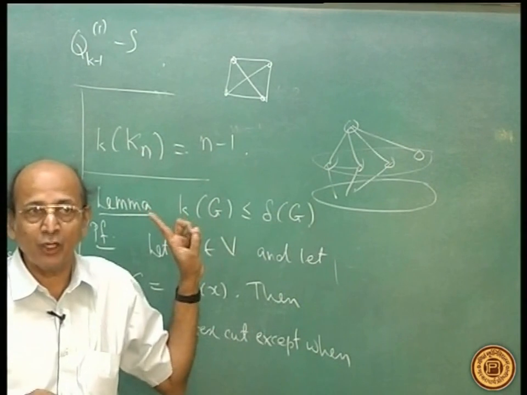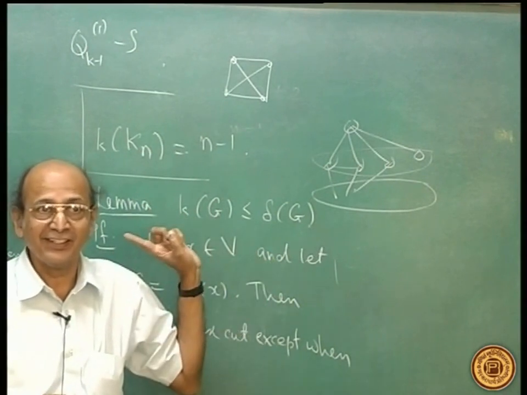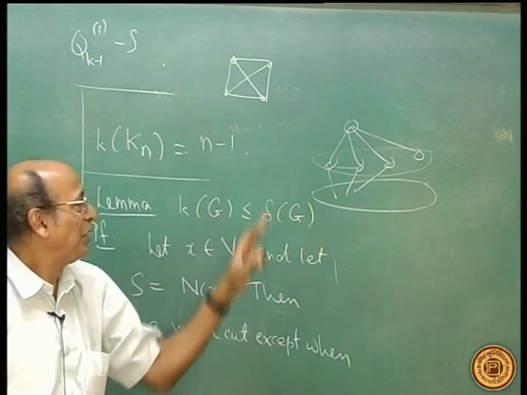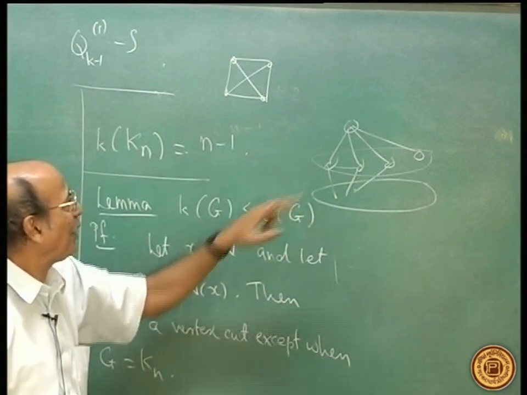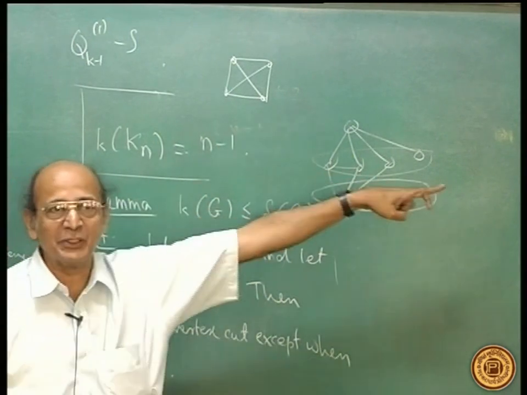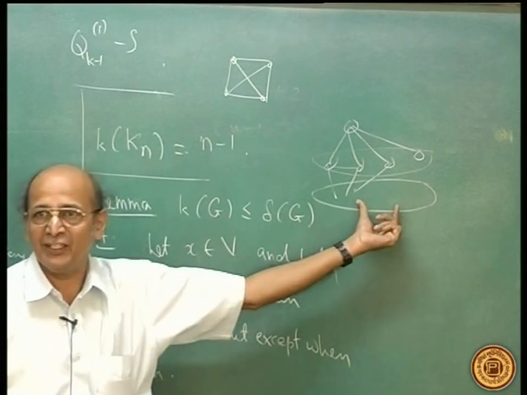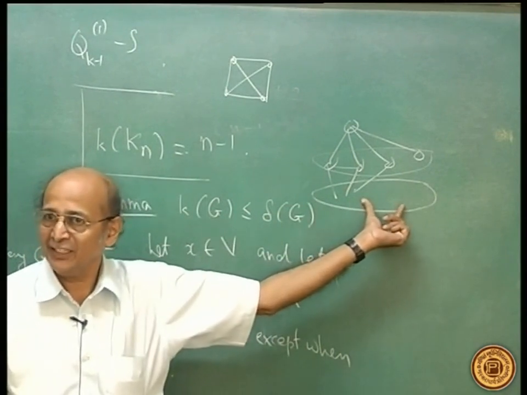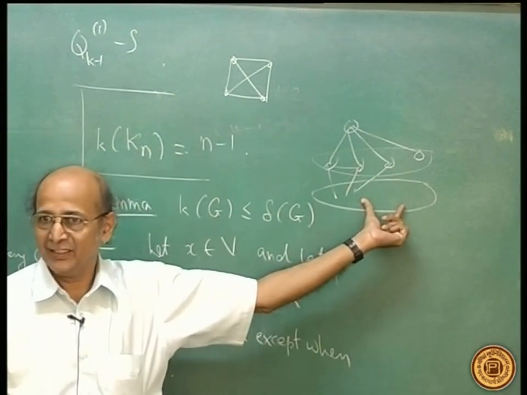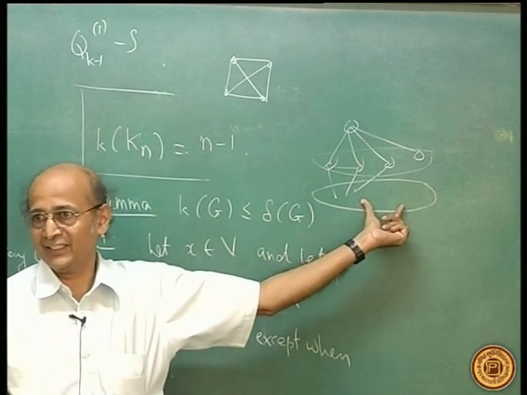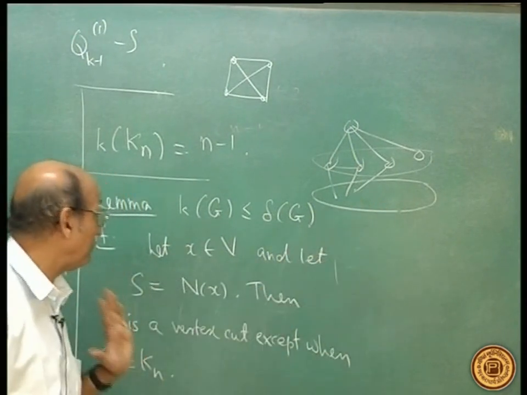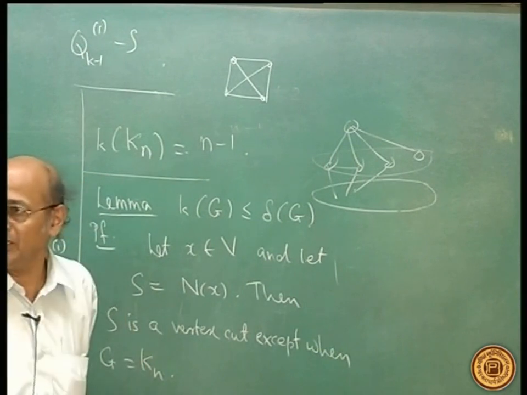This argument will not work only in case all the vertices other than x are adjacent to x. Then nothing will be left here on the third level. Is that clear? Nothing will be left. And then it is not a vertex cut. But that happens only when you have a complete graph.